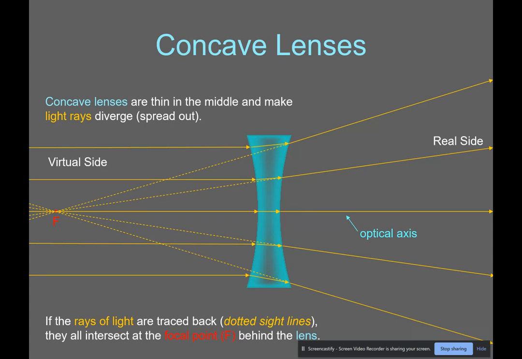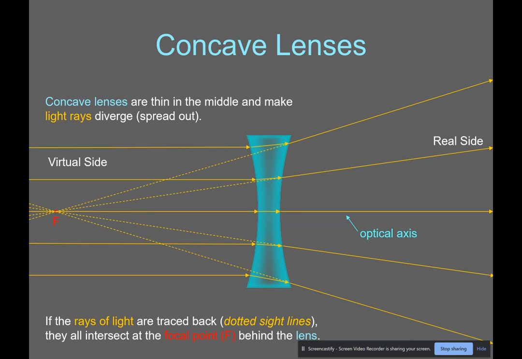Now, another thing lenses do is your virtual and your real flip. Erect or upright and inverted are still the same, but your virtual and your real side flip. Think about it: if you're looking through a lens, like glasses or even sunglasses, your real side is in front of you, because that's what you're seeing.